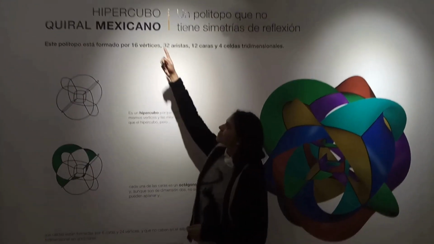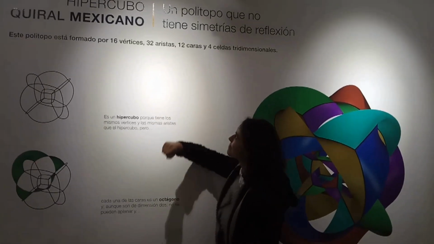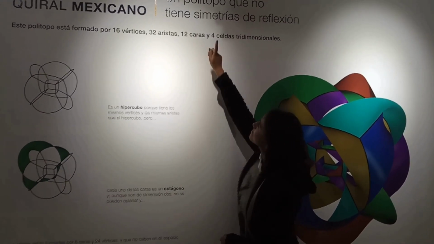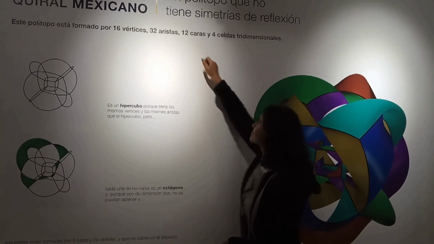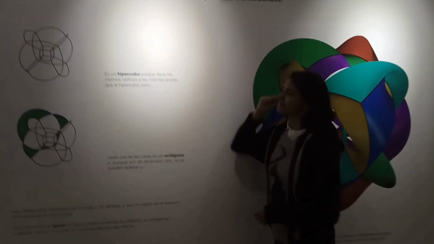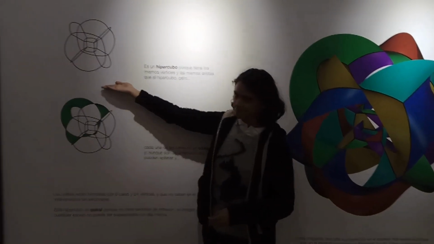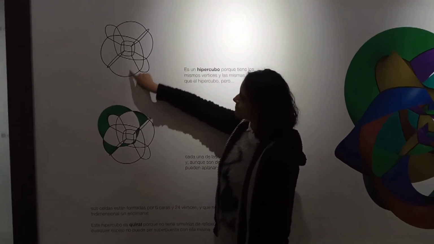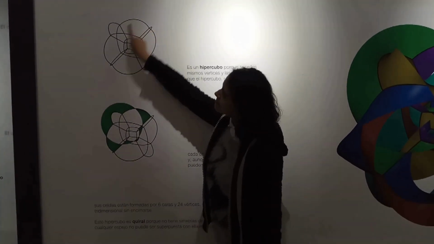A Mexican hypercube, a polytope that does not have reflection symmetries. This polytope is formed by 16 vertices, 32 edges, 12 faces, and 4 three-dimensional cells.